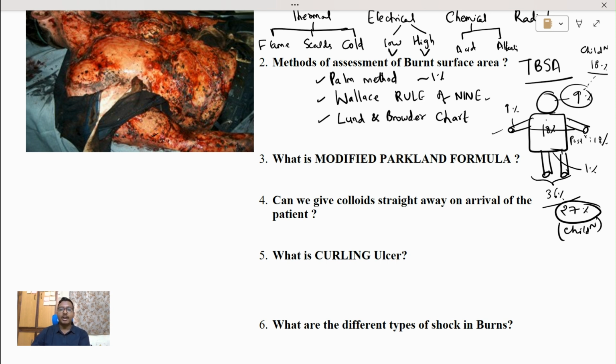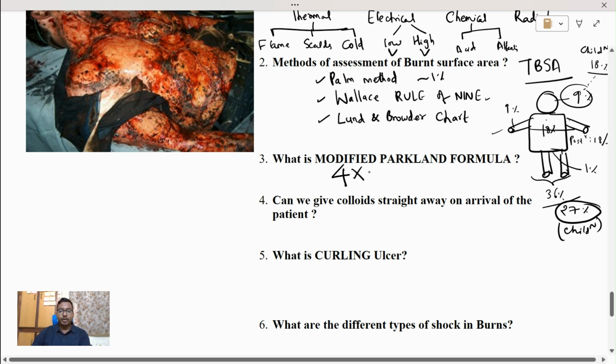What does the modified Parkland formula mean? It is nothing but 4 into the weight of the patient in kgs into the total burn surface area. This will give you some ml of fluid.